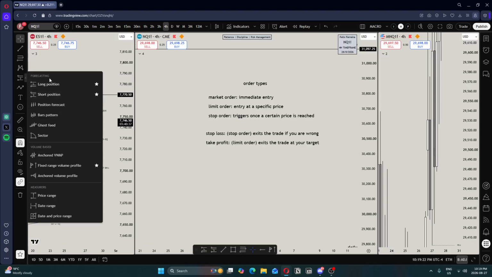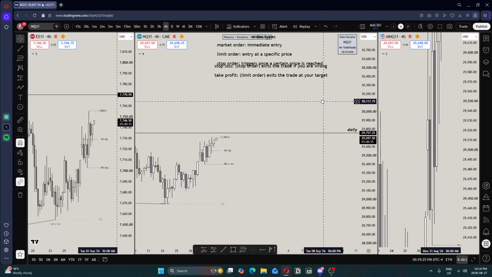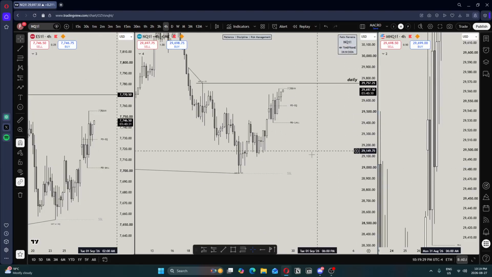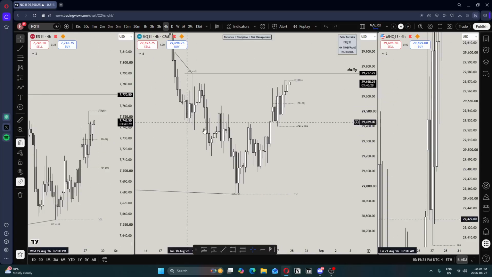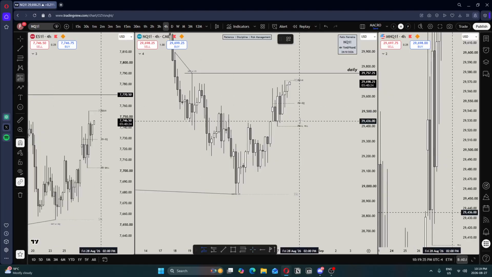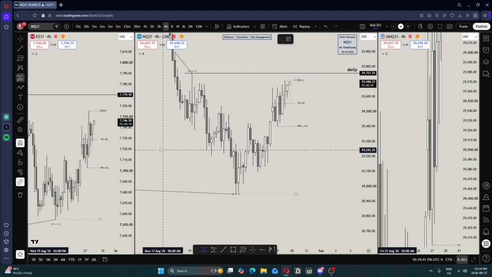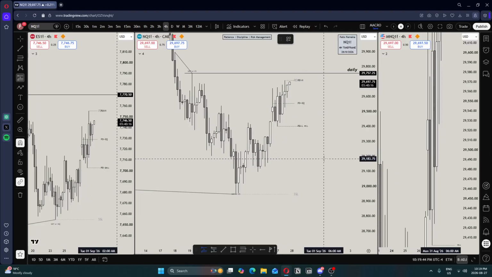So just as an example here, I could just show an example, completely random, but I'll use the 4-hour chart here for this. Let's do market order to start.